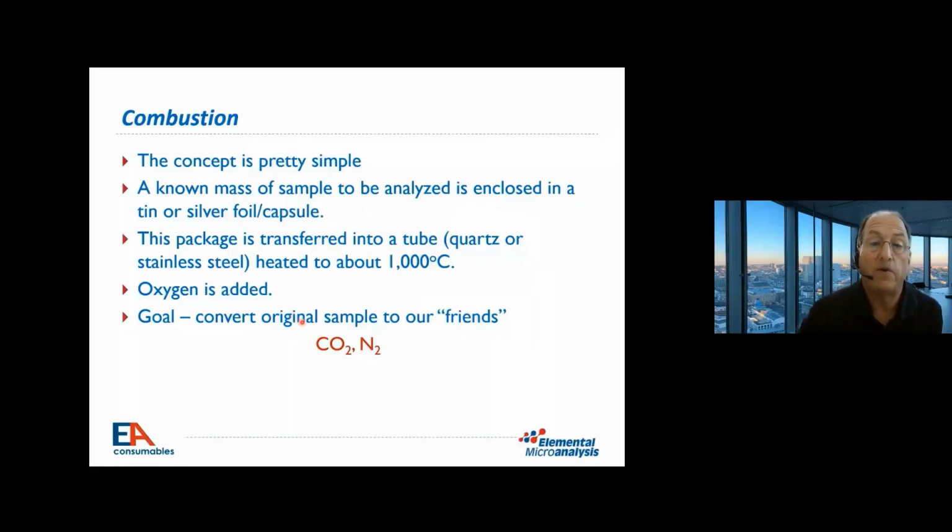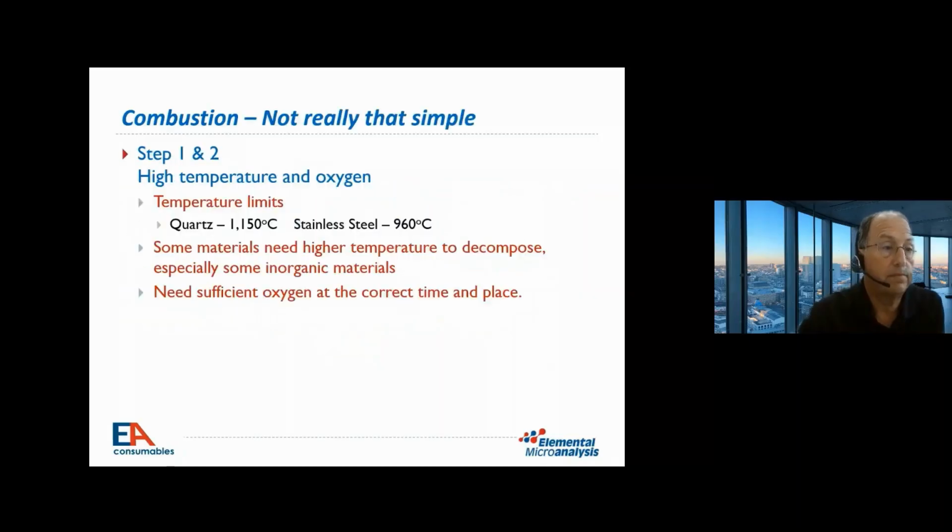And the key here is to quantitatively convert all of the carbon and nitrogen in your sample into the CO2 and N2, and also eliminate the other interferences that might come along with that combustion. So it's not all that simple because you have limitations.